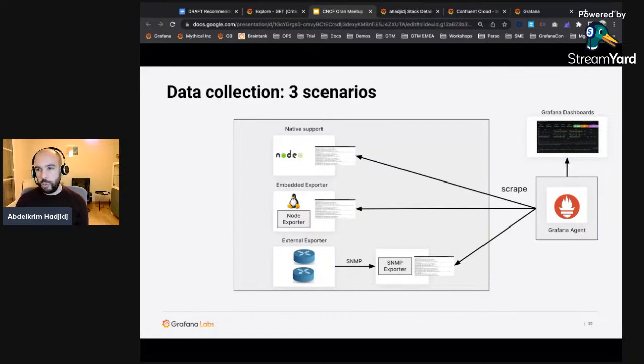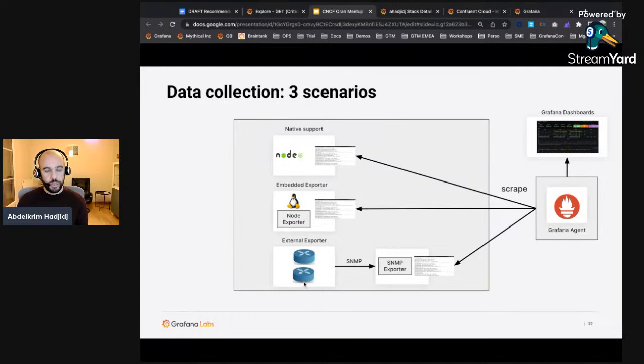But if you want to monitor a Linux server, MySQL server, or other famous technologies, the community has done a really great job building all these exporters. That's a utility that you install, and it collects metrics and data from the system, let's say the Linux system, and then exposes them in this format.